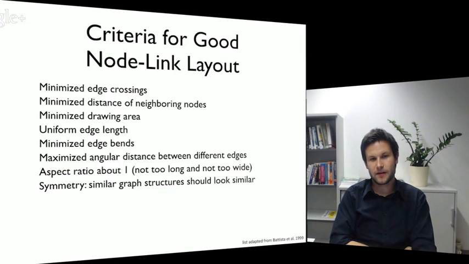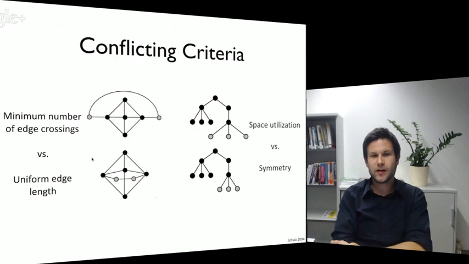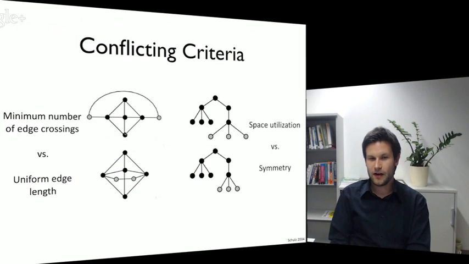Let me give you two examples where you see what I mean by conflicting criteria. On the left-hand side, you see two versions of the same graph, so it's the same data, but you have different goals. The goal in the top left case would be to minimize the number of edge crossings. And the goal is of course accomplished because we have no edge crossing in that case.